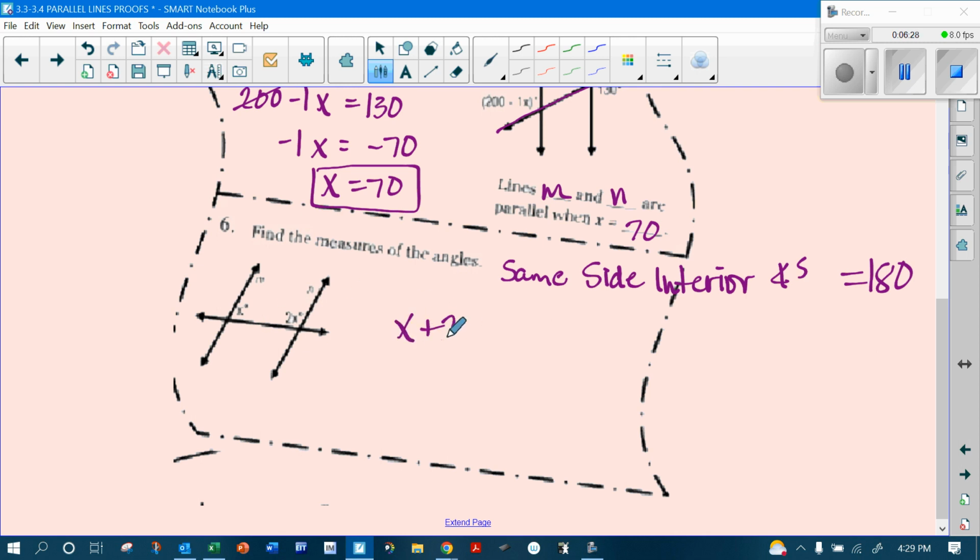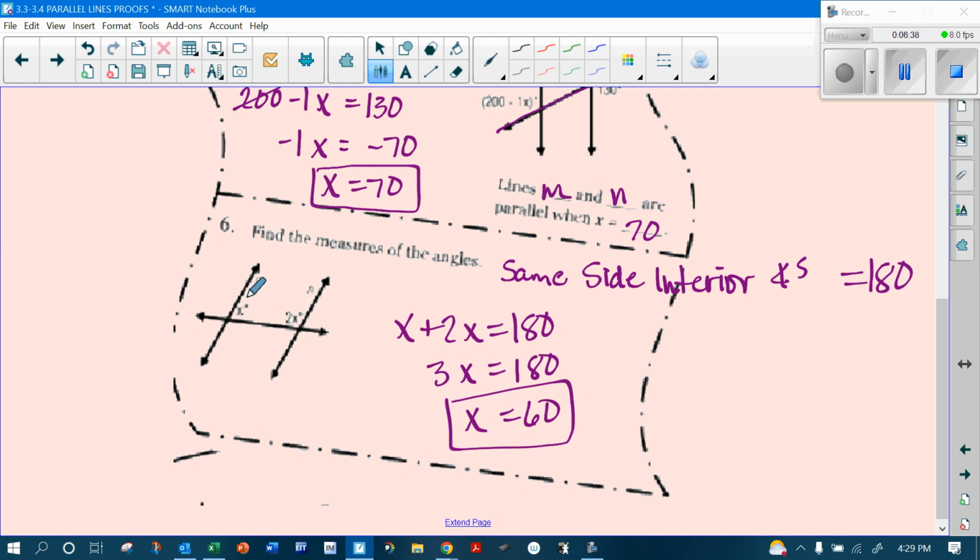So x plus 2x equals 180. 3x equals 180. X is 60. So this angle here is 60. This is 2 times 60, so this one is 120. And there you go. It says find the measure of the angles. That angle is 60. That angle is 120. They do add up to 180, so I know I did it right.